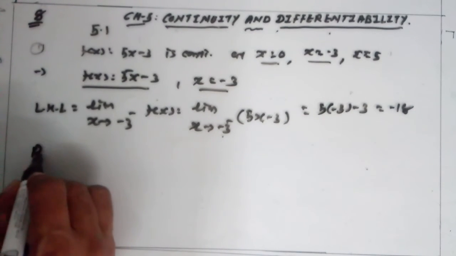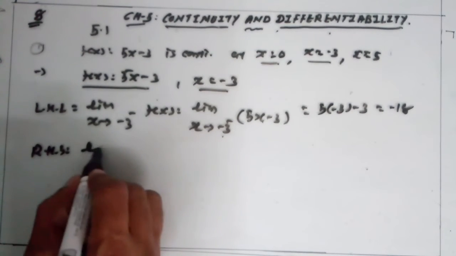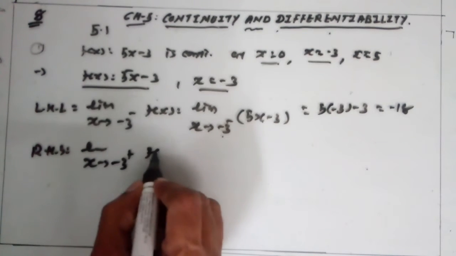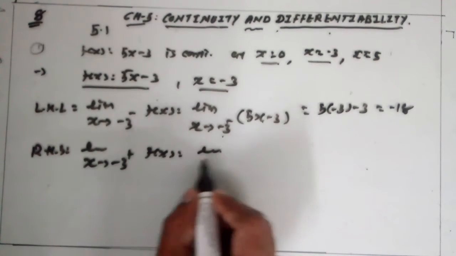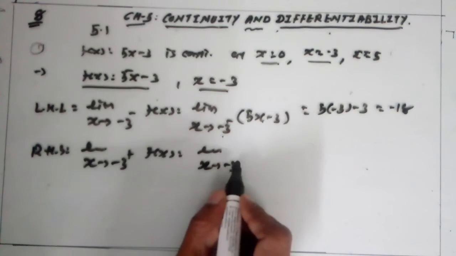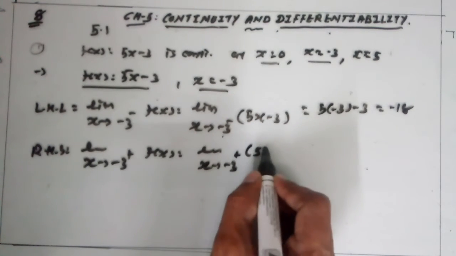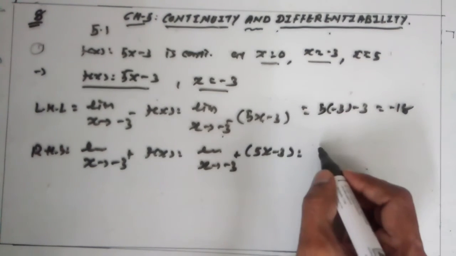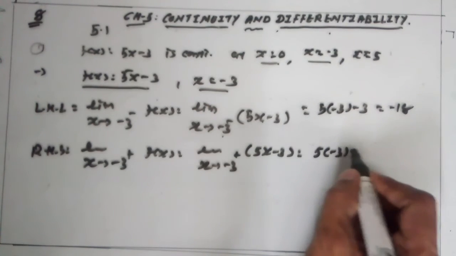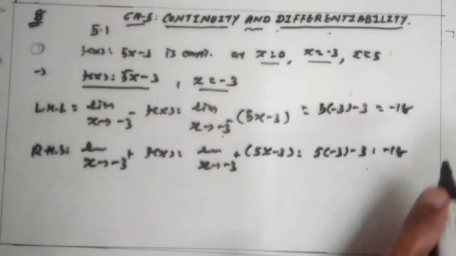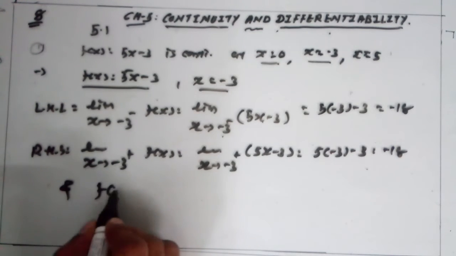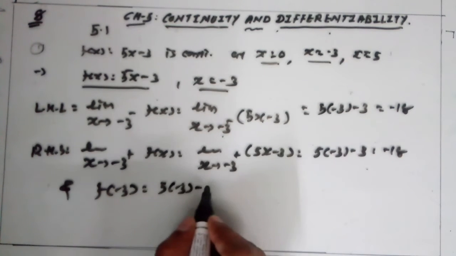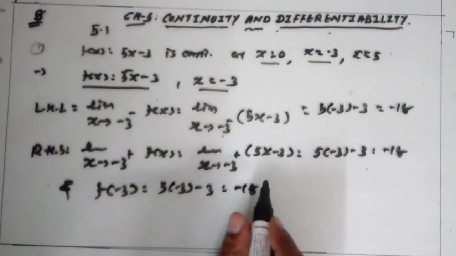And the right hand limit is limit x tends to -3 positive of 5x - 3. Replace x by -3. So 5 into -3 minus 3 is -18, and f(-3) is also 5 into -3 minus 3, which is -18.